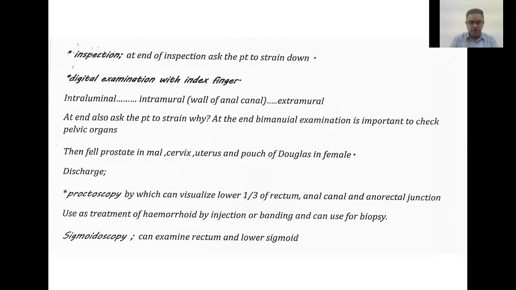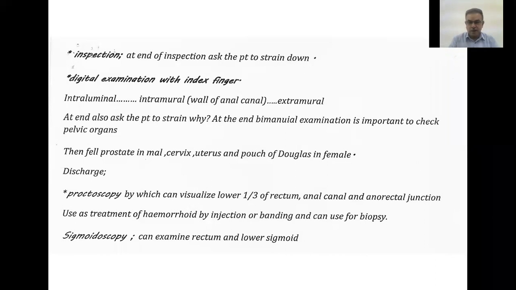Intraluminal disease includes fecal impaction or foreign body; intramural disease in the wall of the anal canal includes carcinoma; and extramural disease includes a huge abscess outside the anal canal and masses that compress the anal canal. At the end, also ask the patient to strain. Why do we ask the patient to strain? Because the pathologies would descend by the pelvic floor downward.